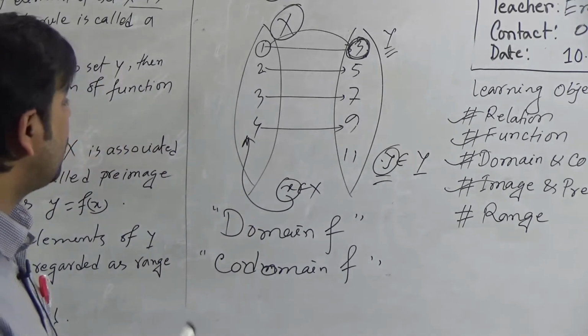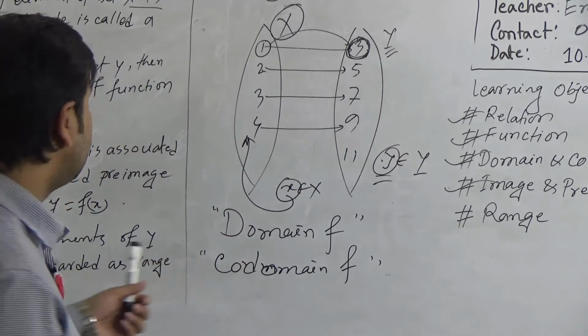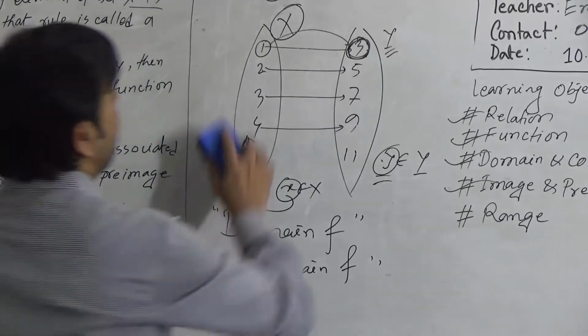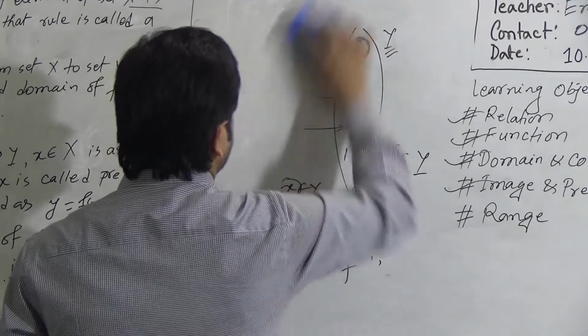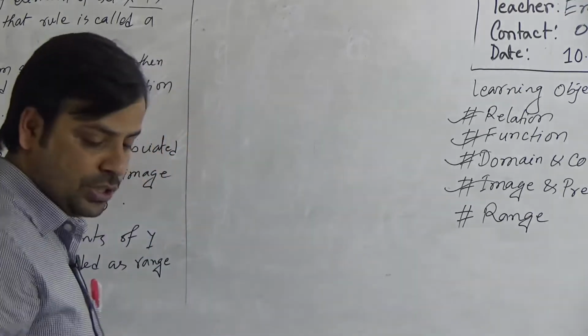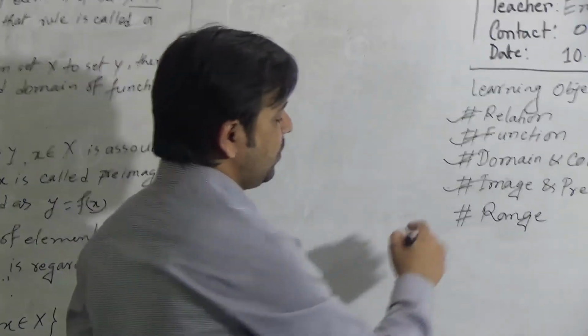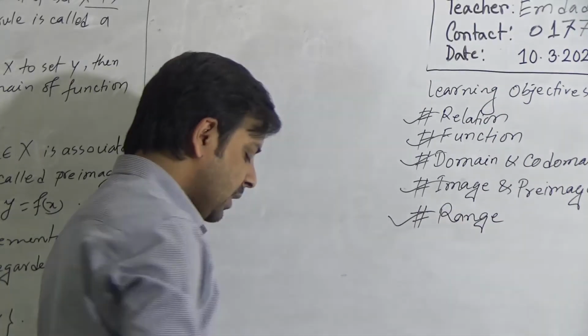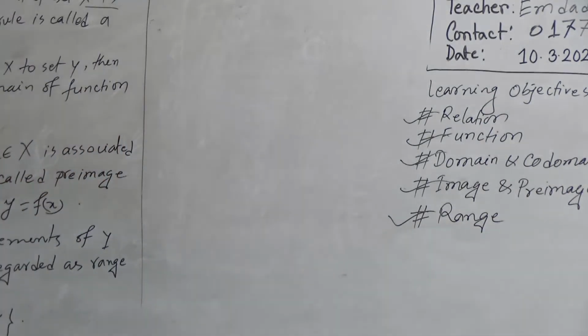Okay, dear students, I hope you have understood the concept of image and pre-image. Now I am going to discuss the next one, range. This is our last topic today, range.